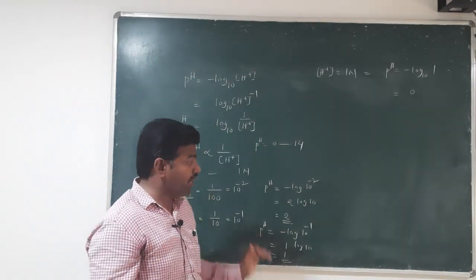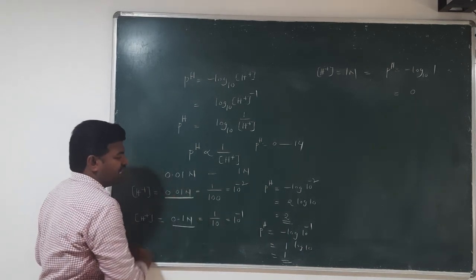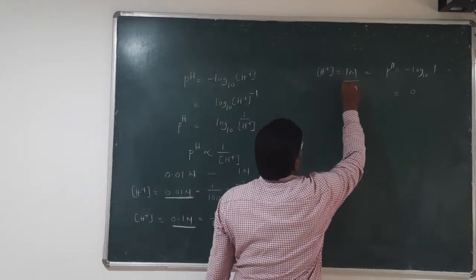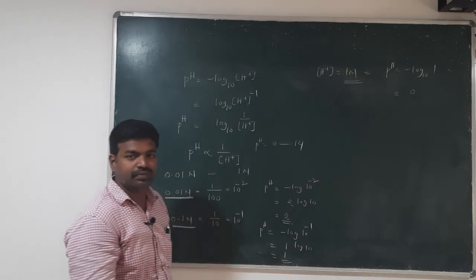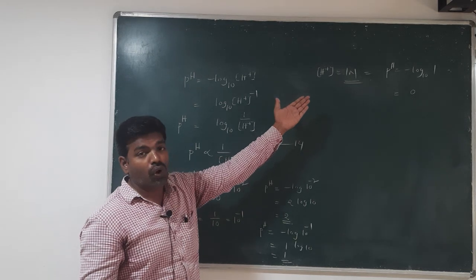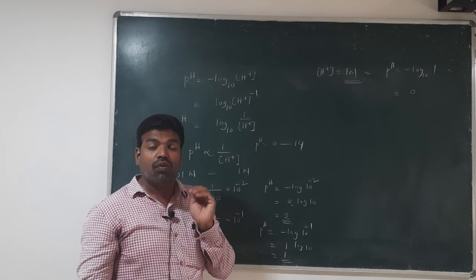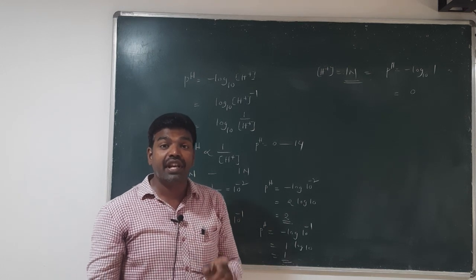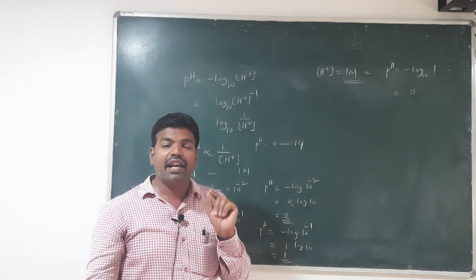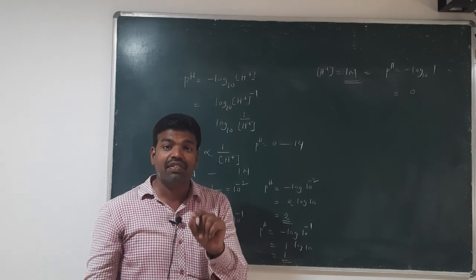From this we can understand that with increasing concentration, pH value decreases. If we go with more concentrated solutions, that is 2 normal, 3 normal, 4 normal, then the pH value is negative. But actually we know the pH scale ranges from 0 to 14. We could not see the pH scale with negative values.